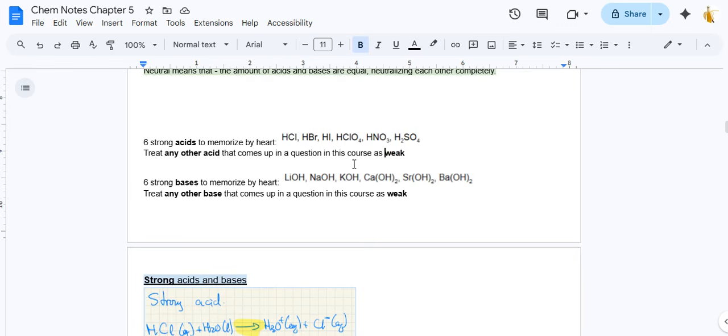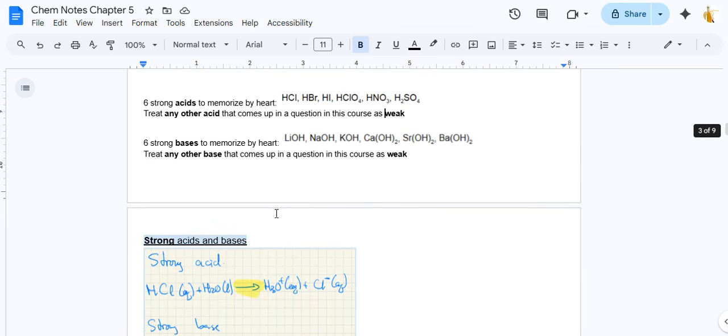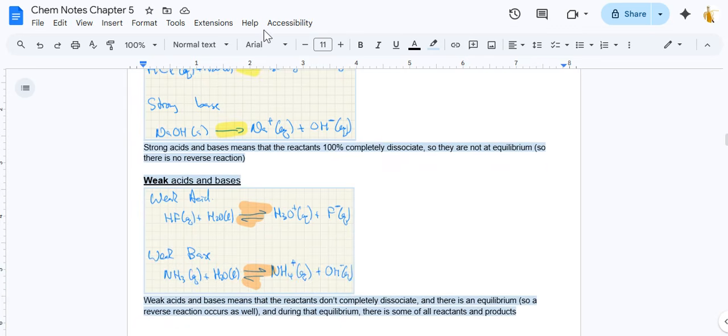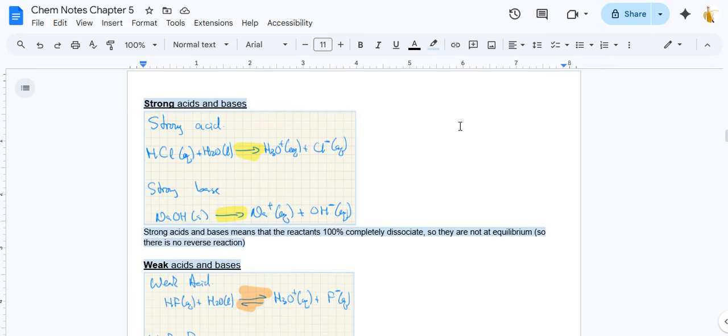And any other base that shows up that isn't these 6, we can also consider as weak. And now this is just talking about the relationship between strong acids and bases and weak acids and bases.